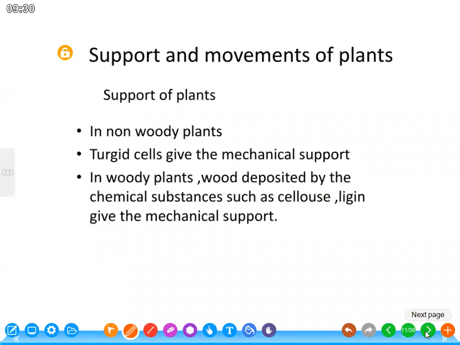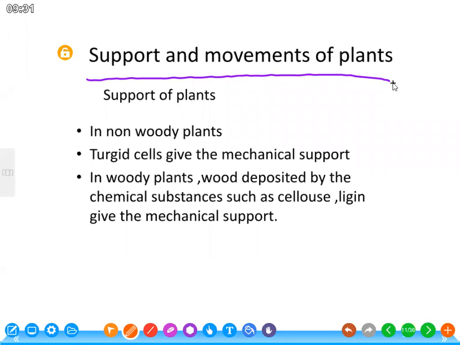Okay, we have studied about the movements of animals. Now we are going to study the movements of plants. Support and movements of plants.